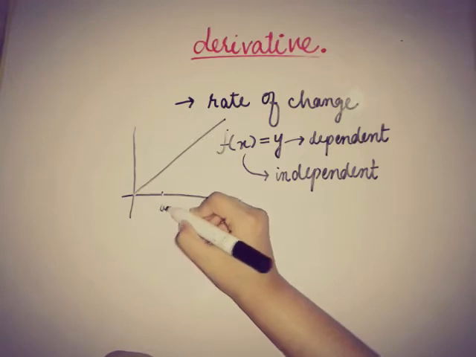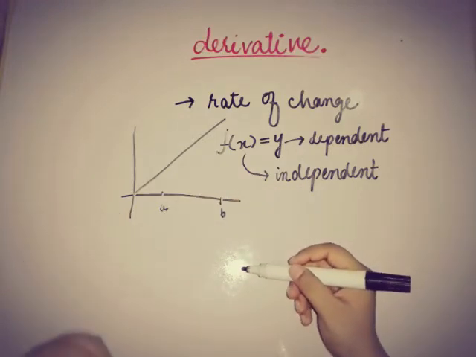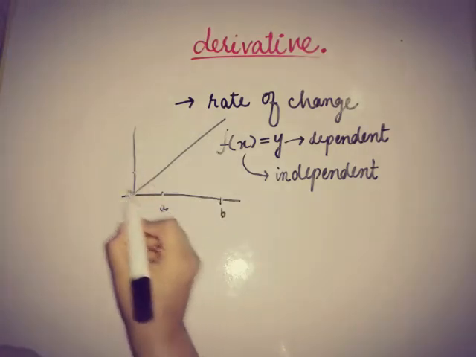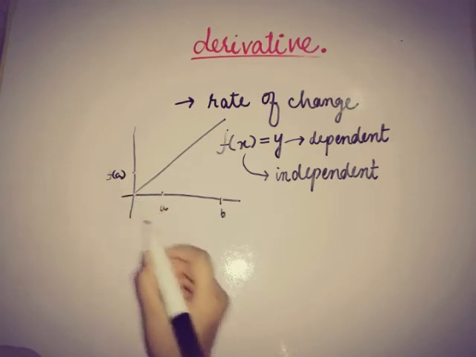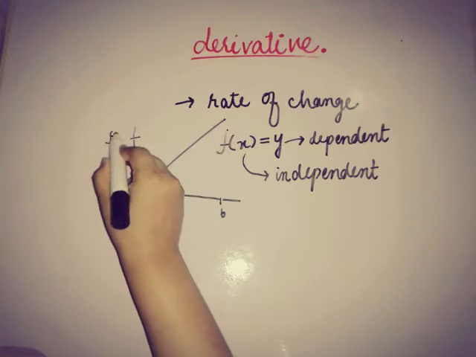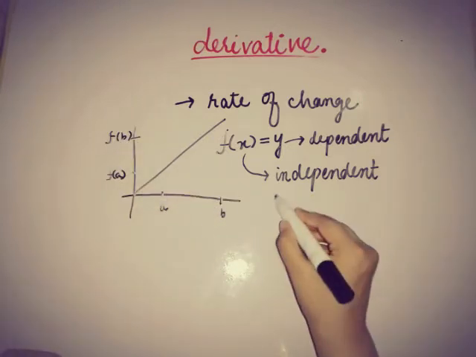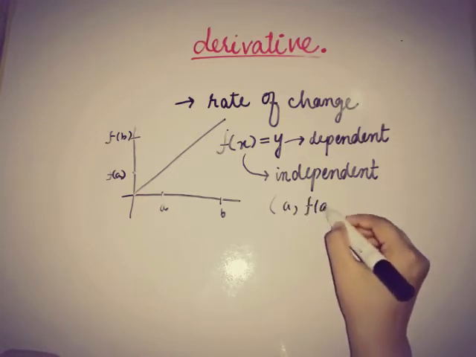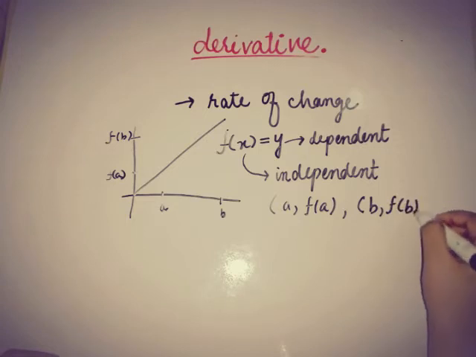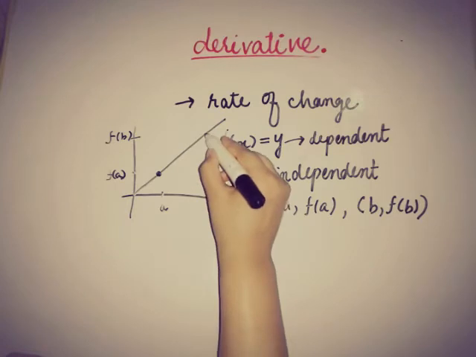There is a point A and the next point is B. The image of A is f of A here, and the image of B is f of B here. So now there are 2 points. First point is A and f of A, and the second point is B and f of B.